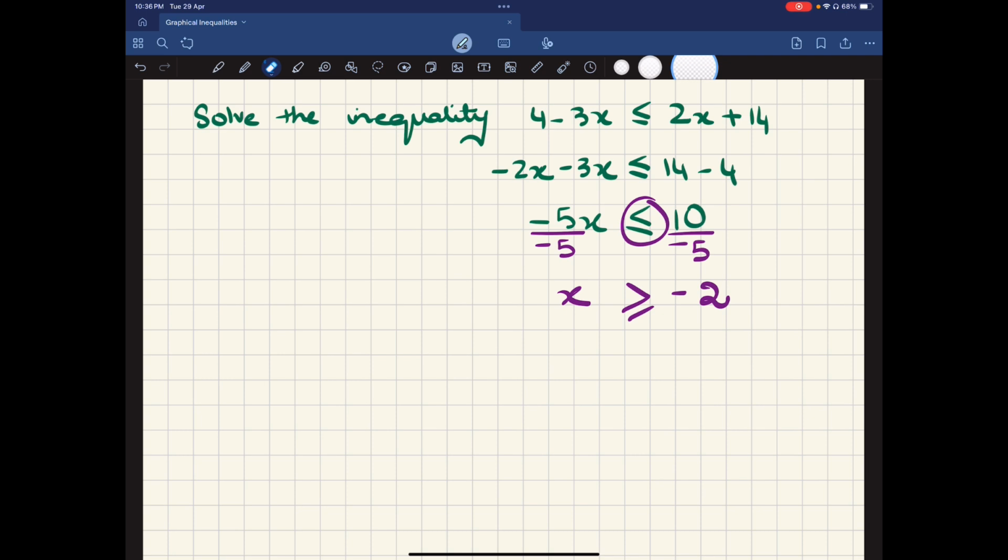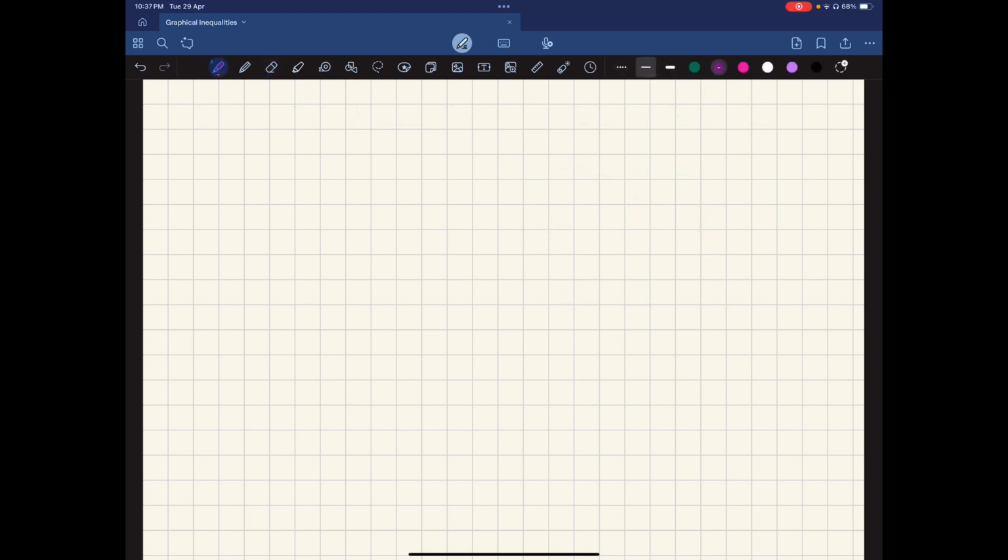Okay, so it's pretty straightforward and simple. The only additional rule that you need to remember is that if you multiply or divide by a negative number, you need to flip the inequality.